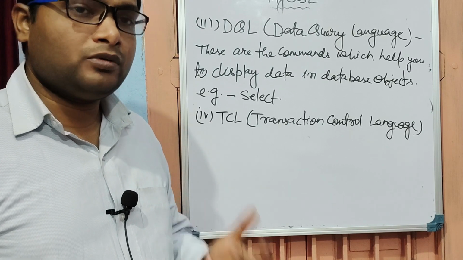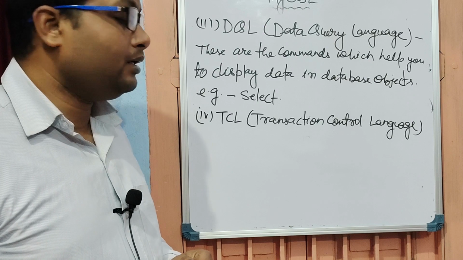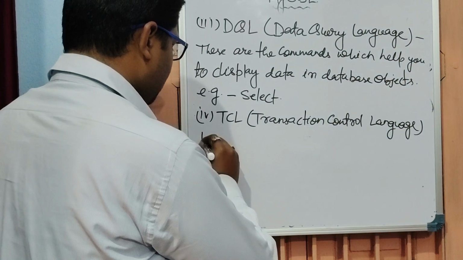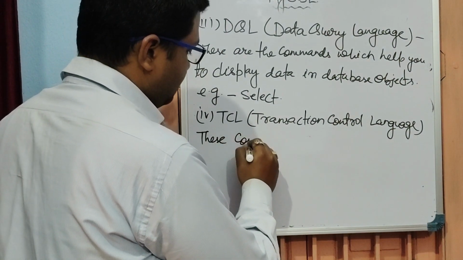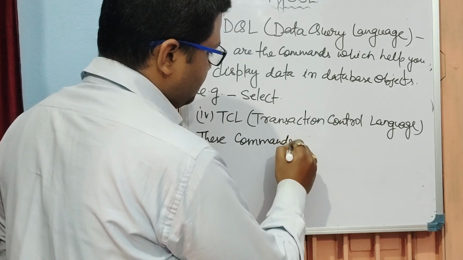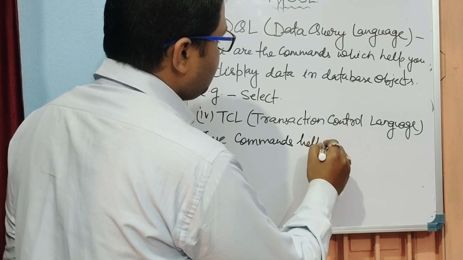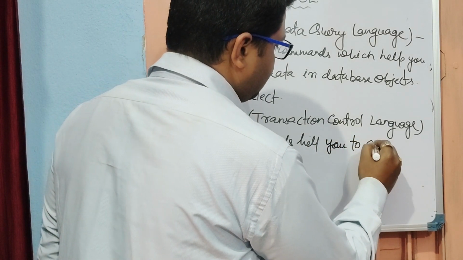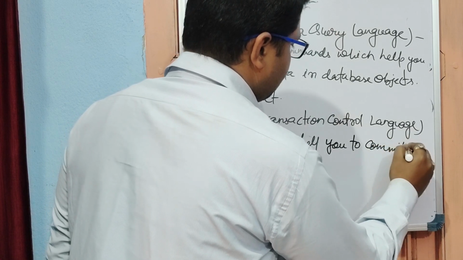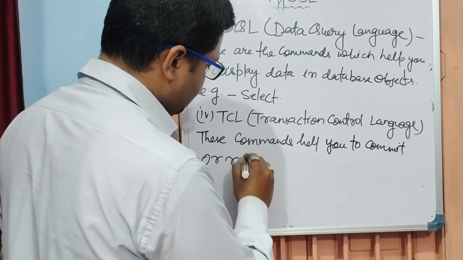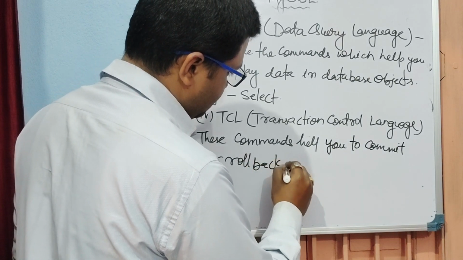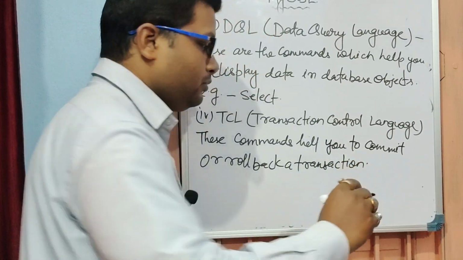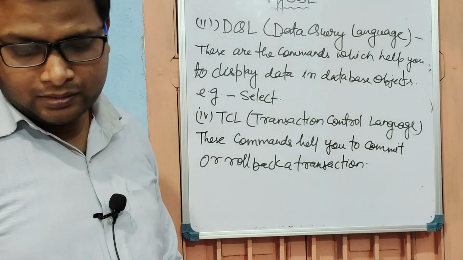For this, commit and rollback are some of the commands used in TCL. These commands are used to commit or roll back a transaction.